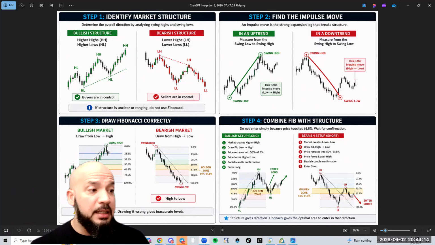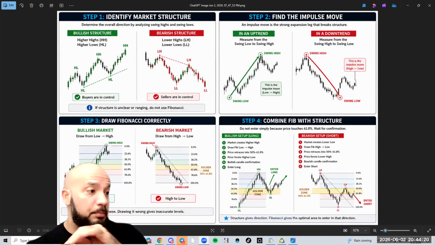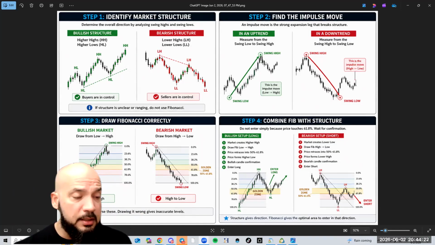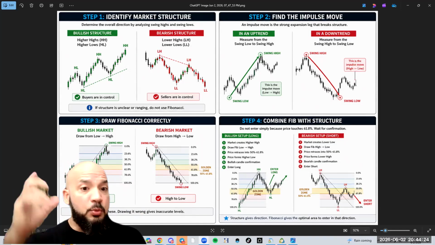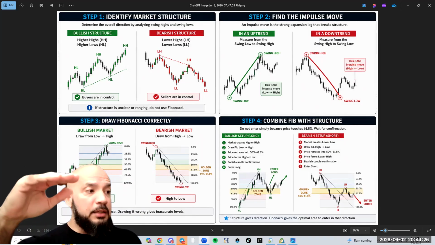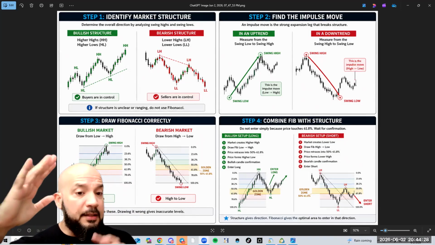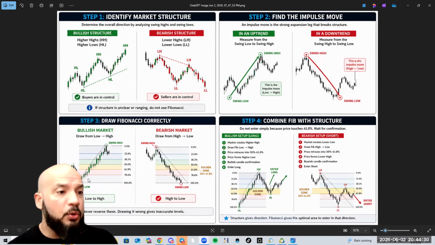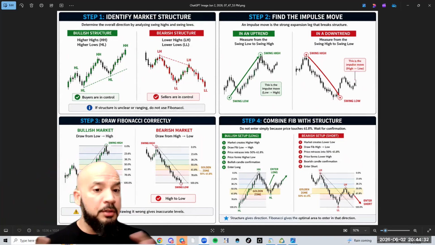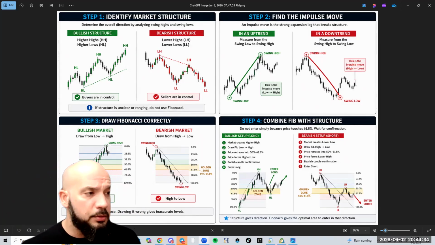Whenever it stops making that high, and that high turns into the new higher high by the confirmation of the market breaking structure down to the downside, that's when you can finally leave your point B in place. And then you can start looking for your area of interest within the fib retracement zones.